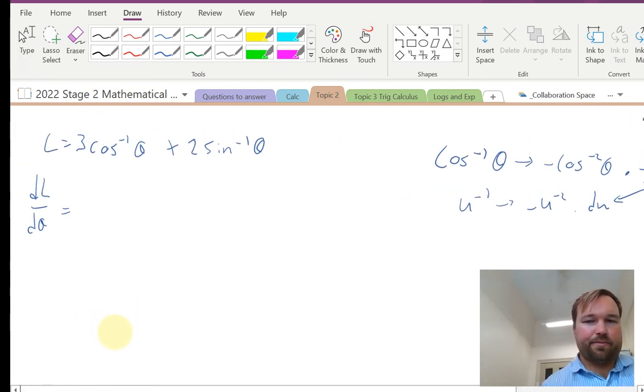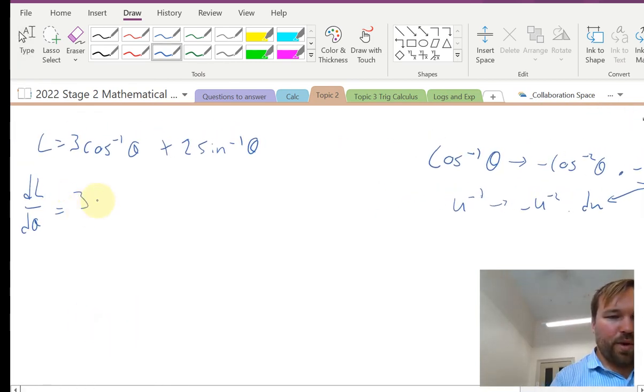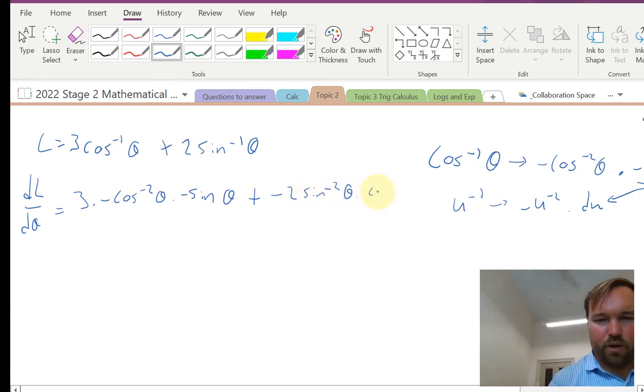So over here, that is going to be 3 multiplied by minus cos to the minus 2 theta multiplied by minus sine theta. I'll tidy it up in the next line. Plus, same sort of logic on sine. Minus 2 sine to the neg 2 theta dot cos theta.